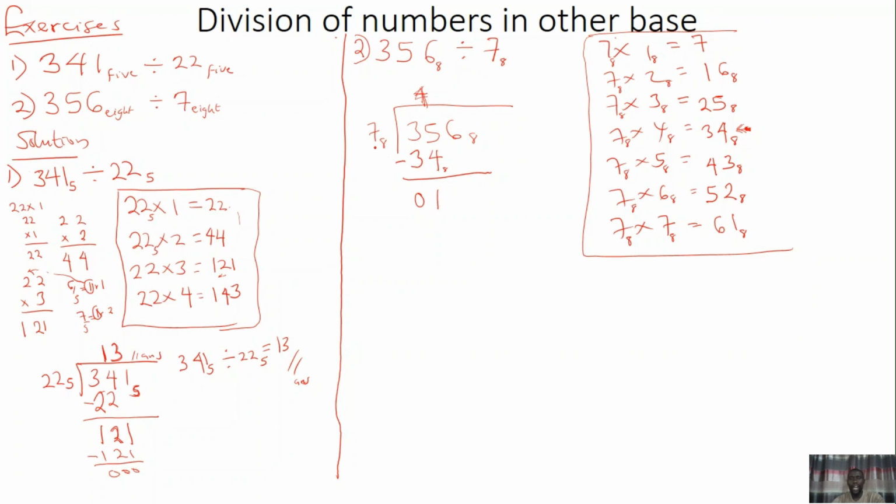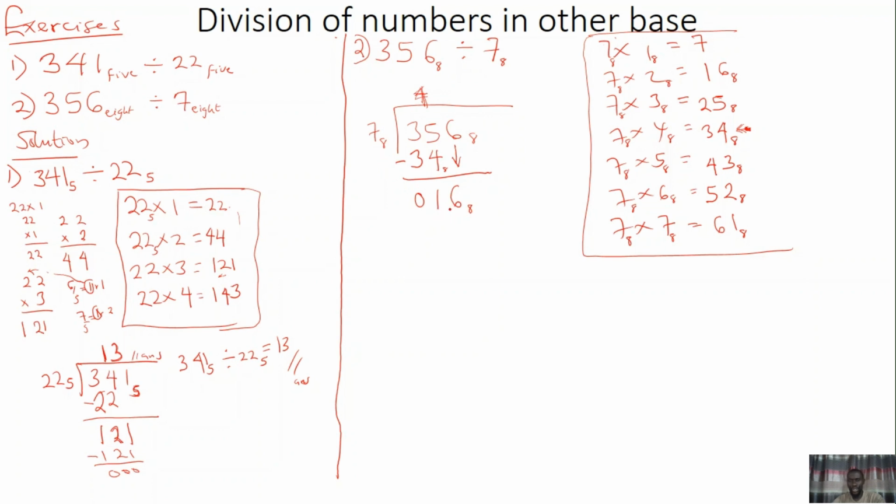How many times does 7 go in 1? That is not possible. So we bring this 6 down here, base 8. Now, how many times does 7 go in 16 in base 8?